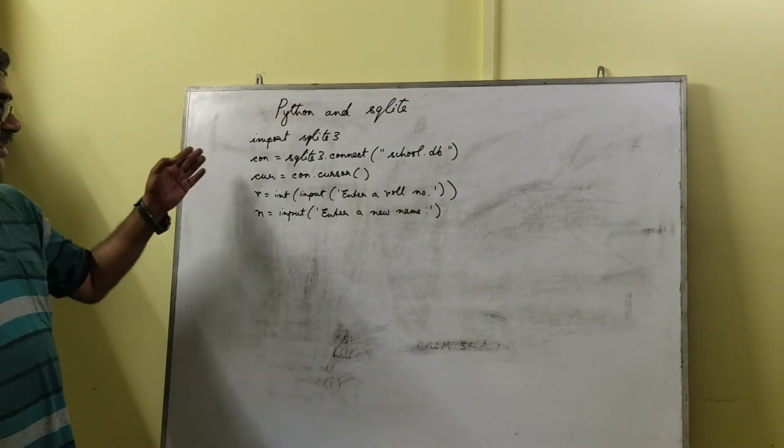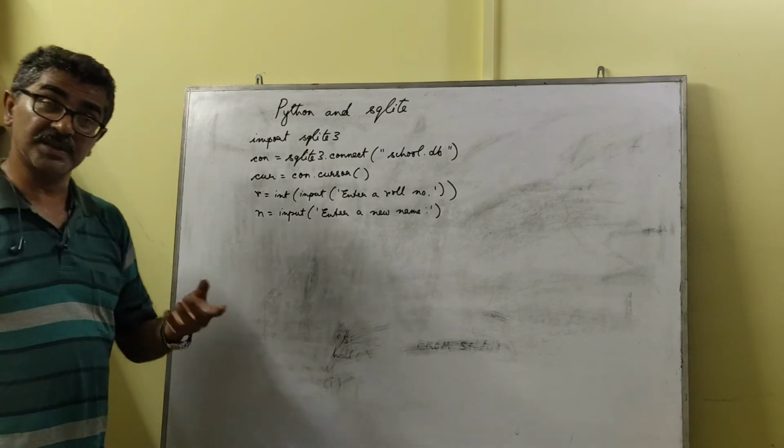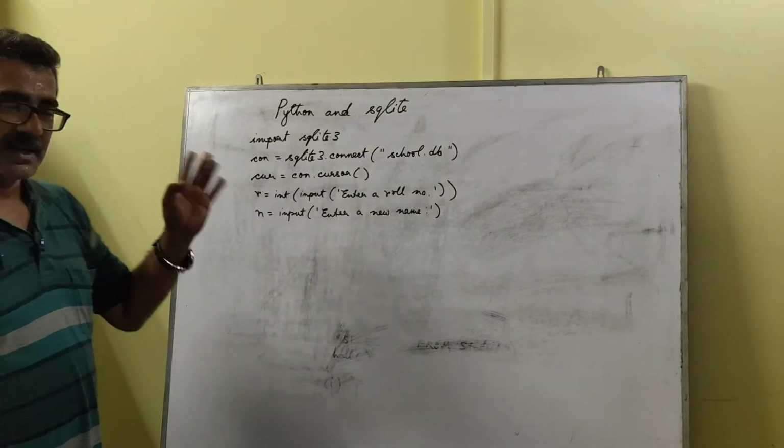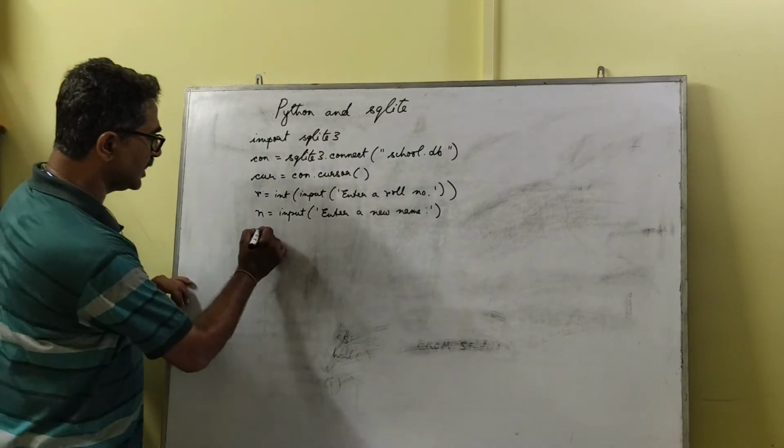Now what we are going to do is, we are going to use the con variable for executing the query using the update statement, which you must have earlier learned by using SQL.